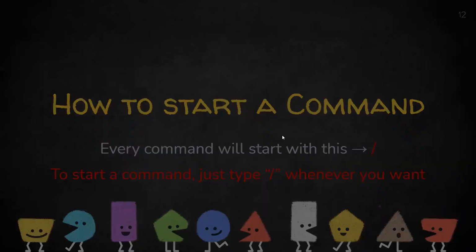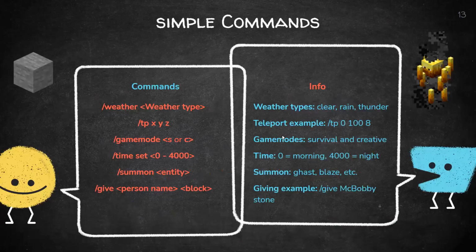Cool. Now, simple commands that you can use. The first one is slash weather and then your weather type. While I'm going over these slides, I want you to practice these in Minecraft. This is really simple.